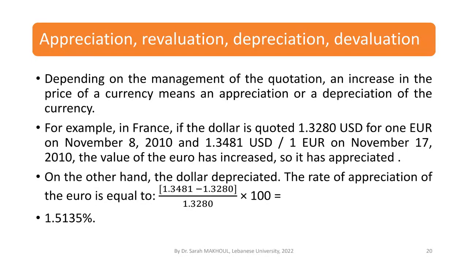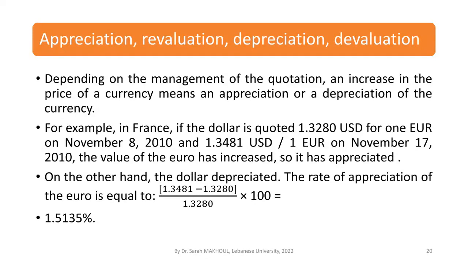Once the euro has appreciated, on the other hand, we can say that the dollar has depreciated against the euro. It's so clear. If the national currency in France has appreciated, we can directly know that the foreign currency, the dollar, has depreciated against the euro. So we can see the spread, and we can know the depreciation rate, which is so easy.